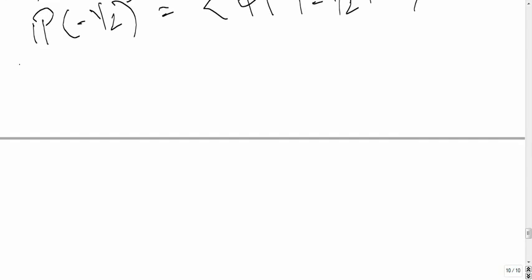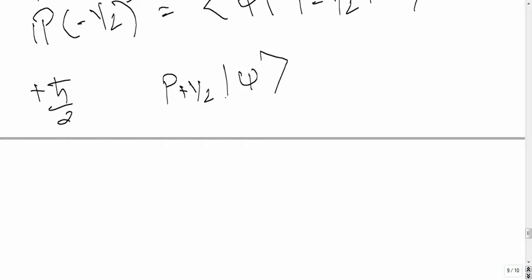Suppose the atom is found to have plus h bar by 2 spin by virtue of being observed on the upper side of the screen, then the post-measurement state would be given by the postulate like this.